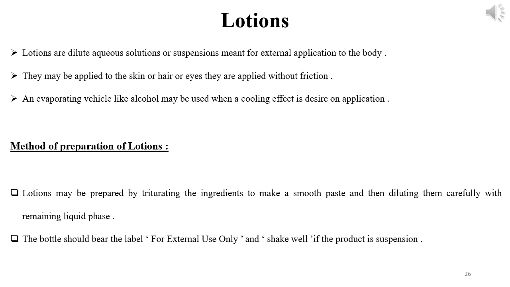The bottle should bear the label for external use only, because it is only for external use. If the product is a suspension, we will mark shake well. If it is a solution, shake well is not required on the bottle.